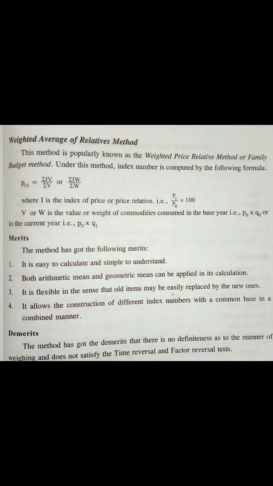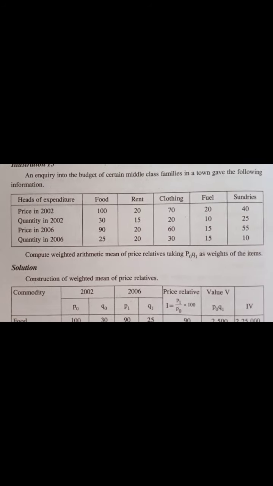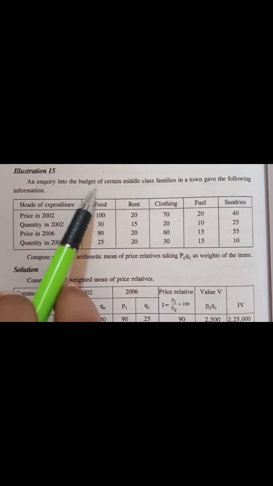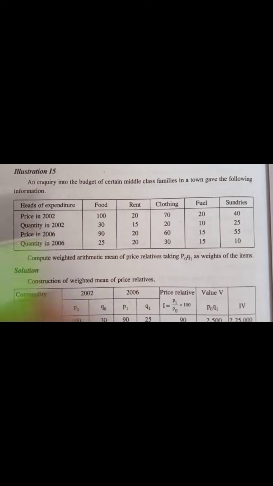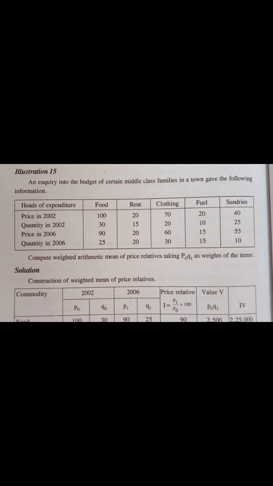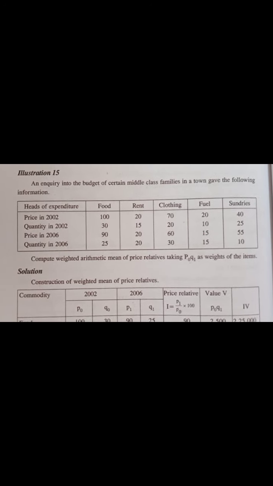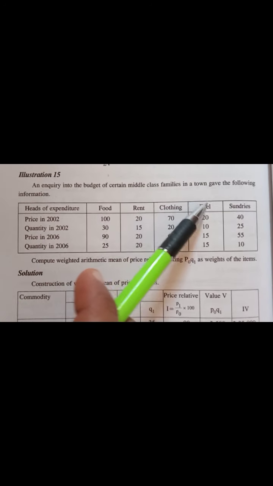Now let us see an illustration, a problem related to the average method. Let us solve a problem to understand this method. The question is: an inquiry into the budget of certain middle class families in a town gave the following information. The information on expenditure, that is prices and quantities, is given for food, rent, clothing, fuel and sundry.